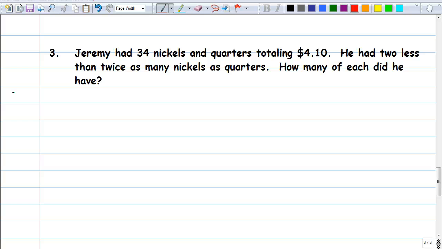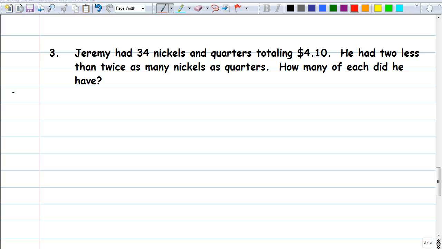Now, this is where I messed up. Which one does he have more of or less? We want to declare a variable for what he has less of, right? Does he have more nickels or more quarters? More nickels. So what should we declare a variable for? Number of quarters. That's where I messed up.